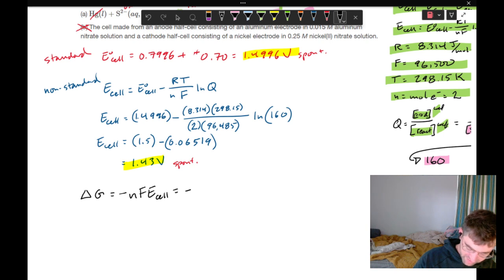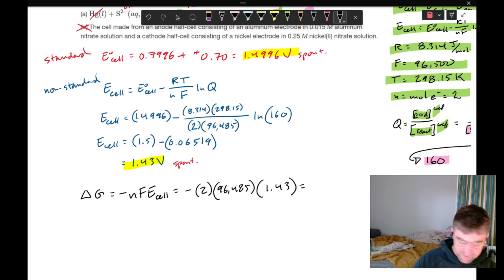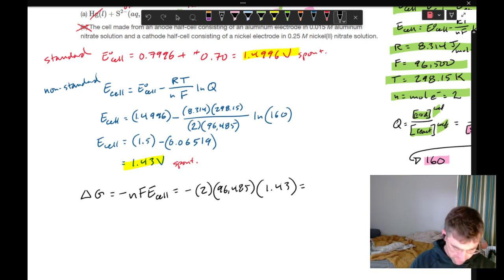So let's just pull these in. Negative 2, 96,485, times the number we just calculated, 1.43 volts, equals... Let me check my work here. 2 times 96,485 times 1.43 equals negative 2.76 times 10 to the fifth.